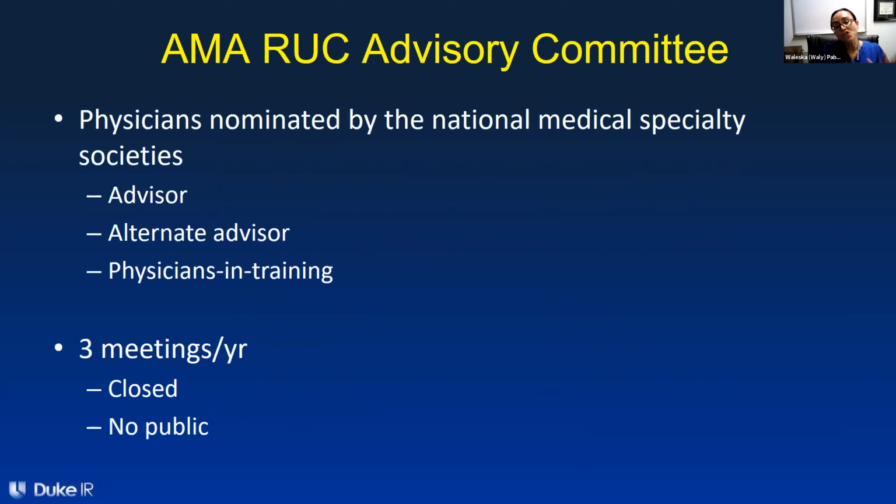All right. So just like the CPT has the CPT Editorial Panel, which is the steering committee, and then there is the CPT Advisory Committee, which are the representatives of the specialty societies, the RUC has the panel, which is their steering committee, and also the advisory committee, which again are the advisor, alternate advisor, and those doctors that are training in how the RUC process works.